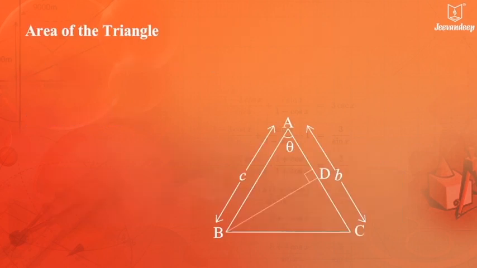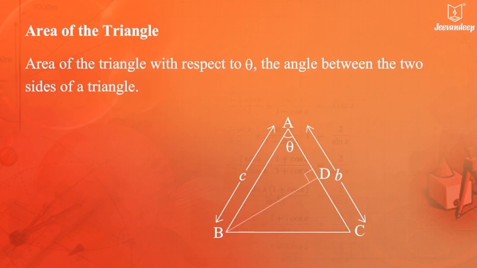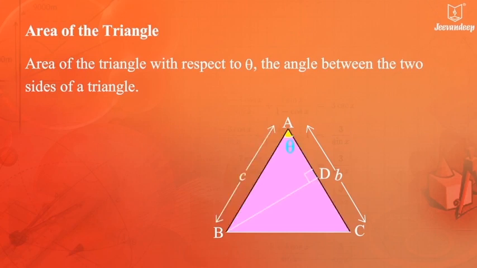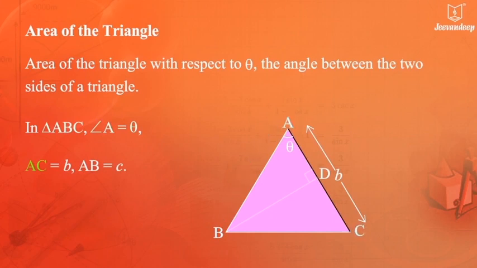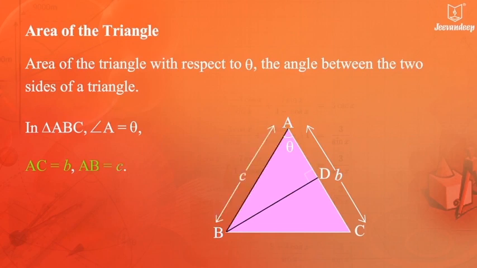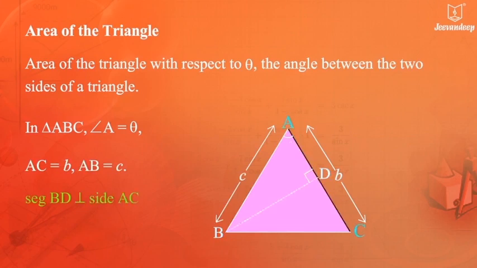Area of the triangle. Area of the triangle with respect to theta, that is, the angle between the two sides of a triangle. In triangle ABC, angle A equals theta. AC equals b and AB equals c. Segment BD is perpendicular to side AC.